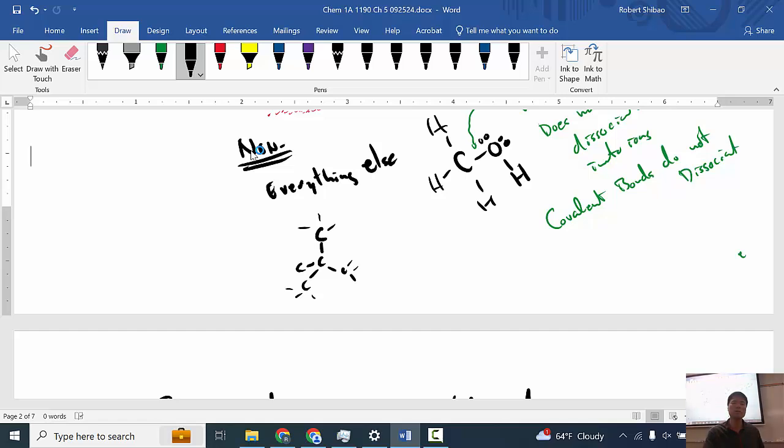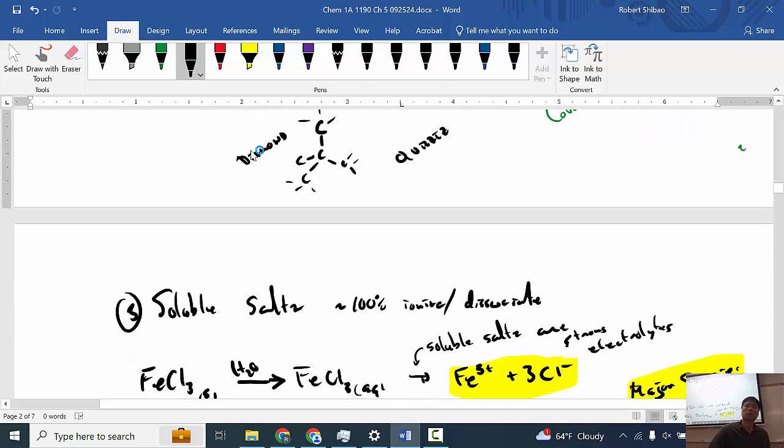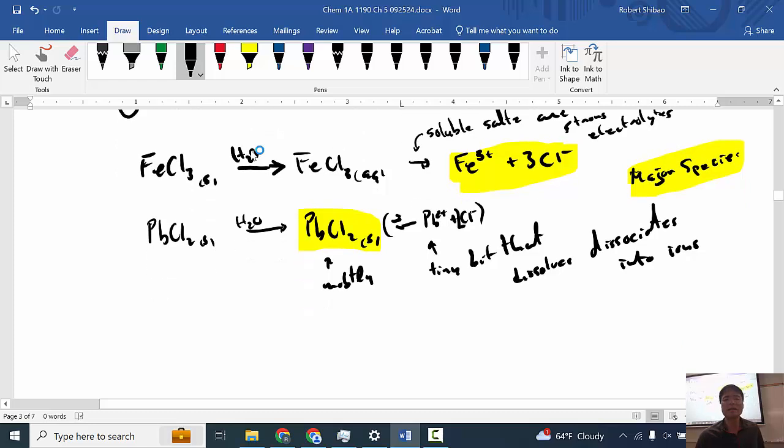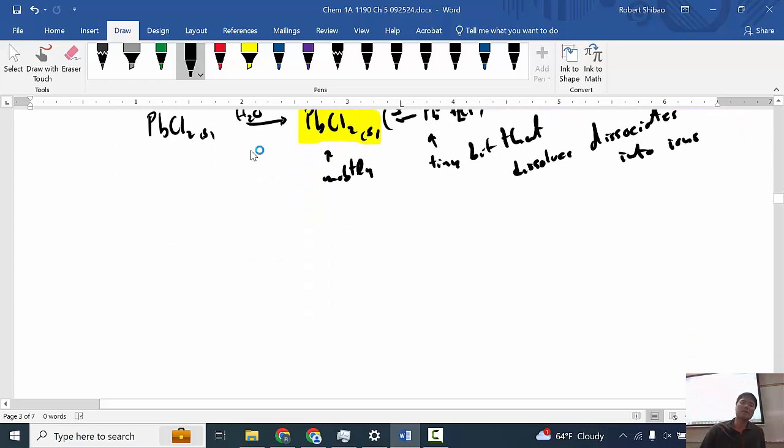What about quartz? Quartz is, again, a covalently bonded lattice.